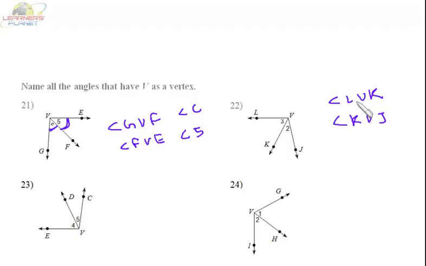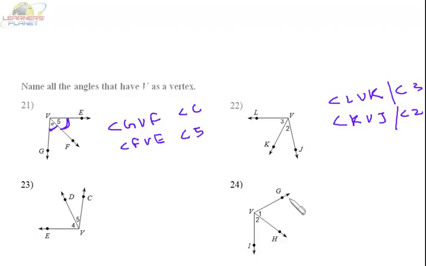So we are representing this angle in two ways and this angle in two ways. This KVJ is angle 2 also, and this angle LVK is angle 3 also. I hope you are clear.